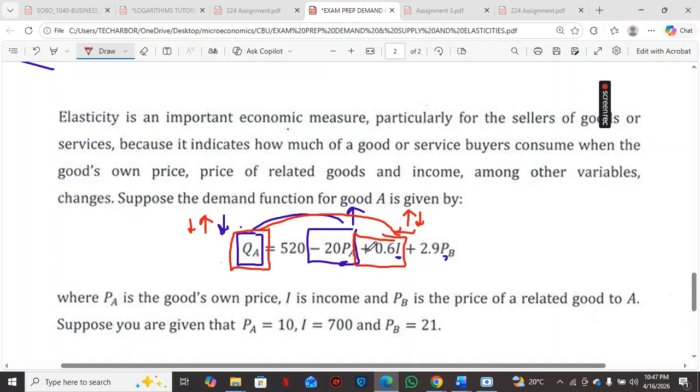Income elasticity of demand shows how quantity demanded for a good responds to changes in income, and it deals with normal and inferior goods. A normal good is one where, when your income increases, you buy more of it, for example tea or coffee.